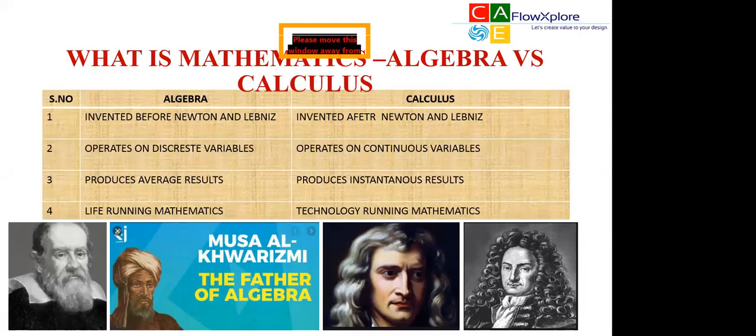Prior to them, there was one mathematical technology which is called algebra, and after Newton and Leibniz, there was something called calculus. Galileo was the initiator, but Musa was such a wonderful person who did a lot of things in algebra. Fine, we'll try to understand what is algebra and what is calculus, and what's the difference between these two things.